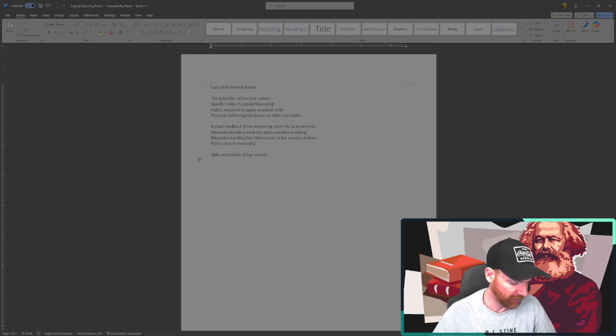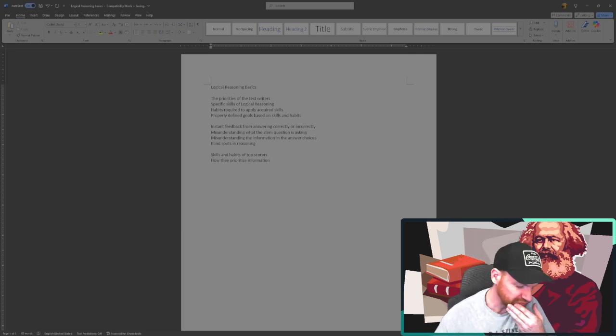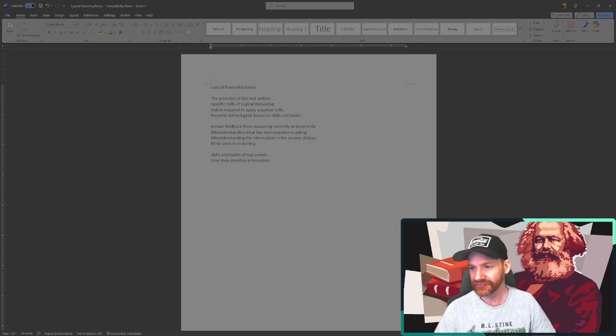We'll also, both in this lesson and throughout the book, model the real time performance of a top scorer so that you can get a sense of how they prioritize information, and so that you can compare and contrast your experience with this.